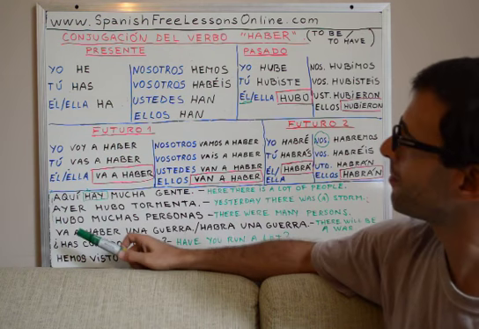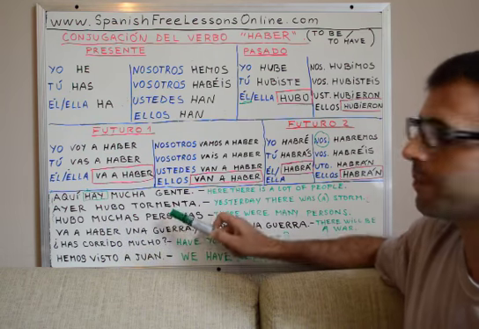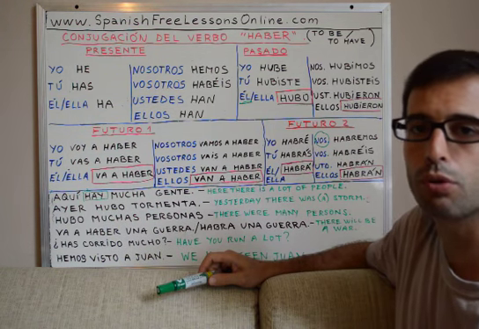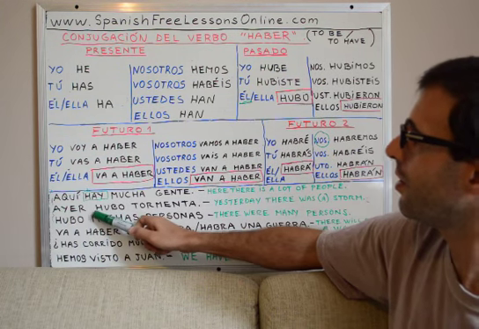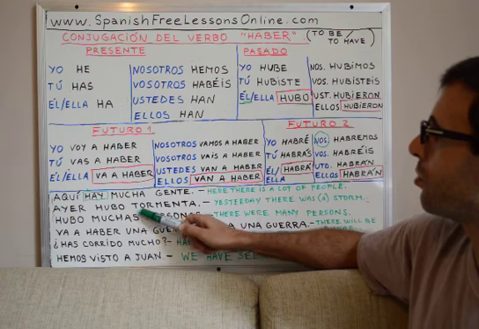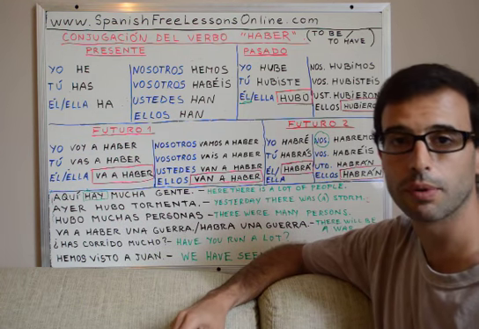Next sentence. Ayer hubo tormenta. Ayer hubo tormenta. Yesterday there was storm, or a storm, right? Tormenta is storm.